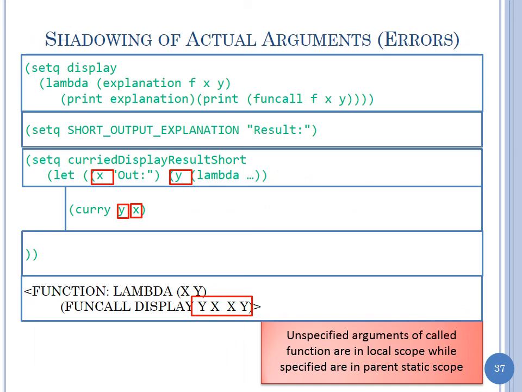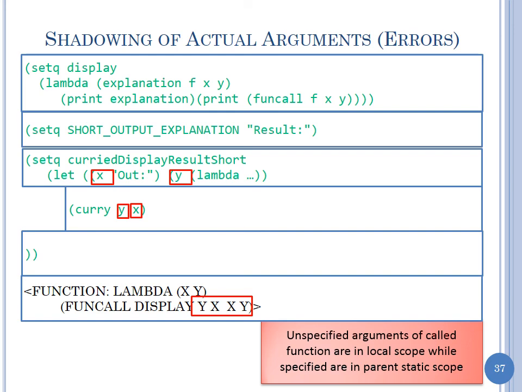So what if I do this? Check all my slides, please. They can have mistakes. What if I say let x be out and let y be lambda when I'm defining the curried function, and I say curry yx.